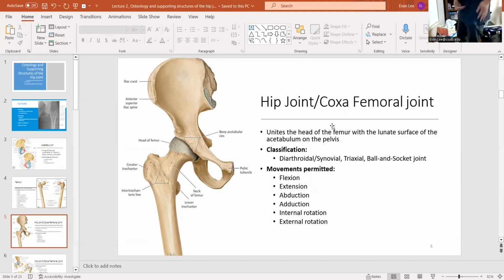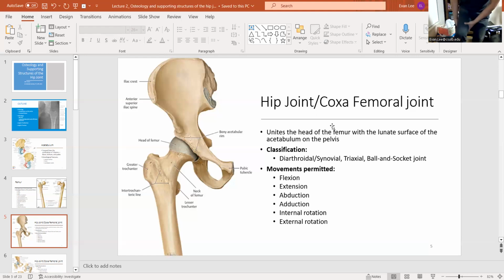Abduction and adduction is very similar to what we always talked about. So abduction is going away from the midline. Adduction is going towards the midline. And then internal and external rotation is just like every other rotation, but keep in mind you're rotating the femur.